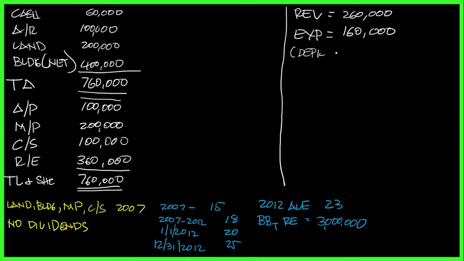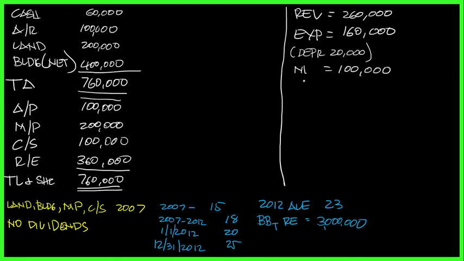Includes na po siya depreciation of 20,000. So your net income will be 100,000. Yan para makita niyo. Dito tayo mag-uumpisa.